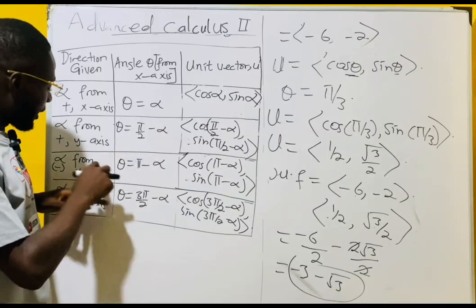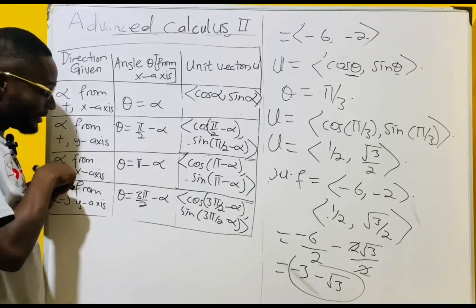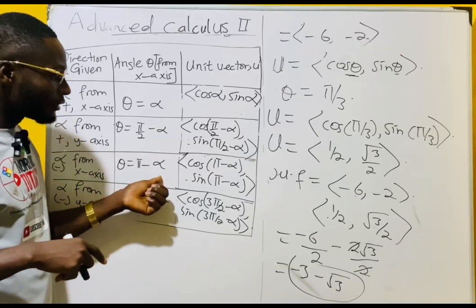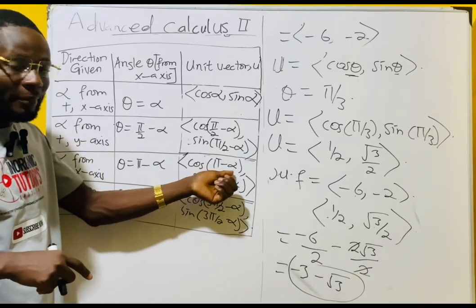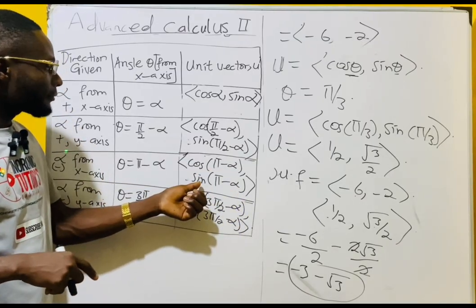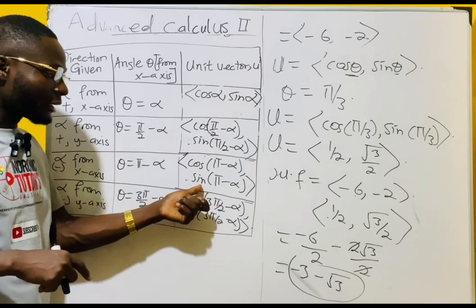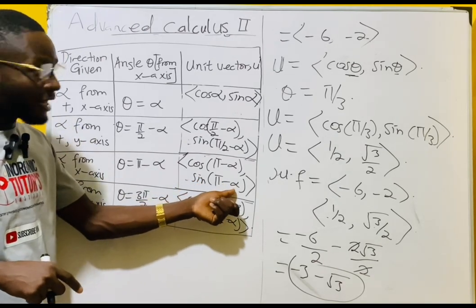And also, if it is from the negative x-axis, then it's going to be pi minus alpha. So we have cos of (pi minus alpha), then sine of (pi minus alpha).